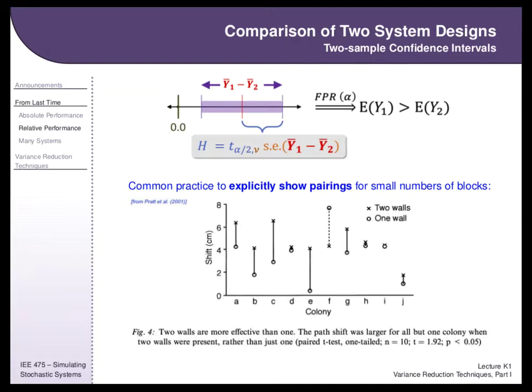So I wouldn't pay too much attention to this, because this is just the units of the response variable. They're in centimeters right here. But more the idea that I can then plot my inputs as categorical variables, and then above each categorical variable, my two outputs that were paired with it, and connect those.